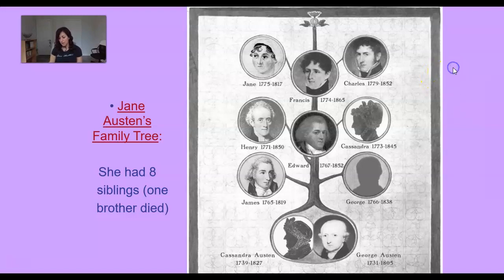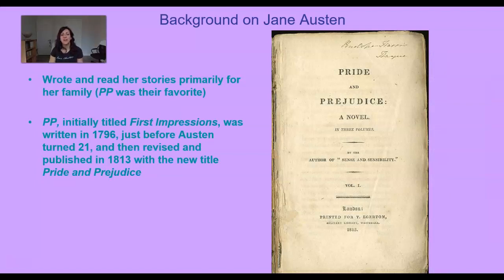And then I also wanted to show you guys just a little bit of background on Jane Austen. Because I've read so much about her, and because my master's thesis was on Jane Austen, and I read some biographies, there was even her nephew who wrote a biography on Jane Austen, I've come to realize that a lot of Jane Austen's story in her personal life was told through her family members and through her loved ones.